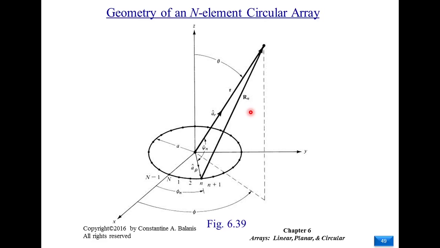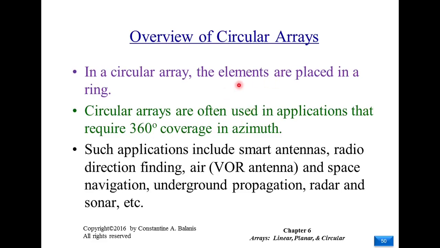Why is the circular array useful? Because again it's 2D, so it has the ability to scan in any direction. One very good property of the circular array is that because it is uniform in phi, the pattern, even when we are scanning, will also be uniform in phi, which means if we are changing phi, we'll have the same radiation pattern.